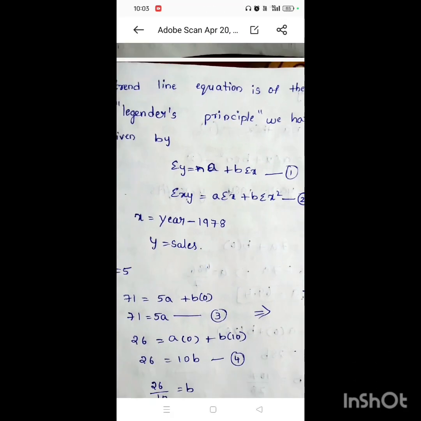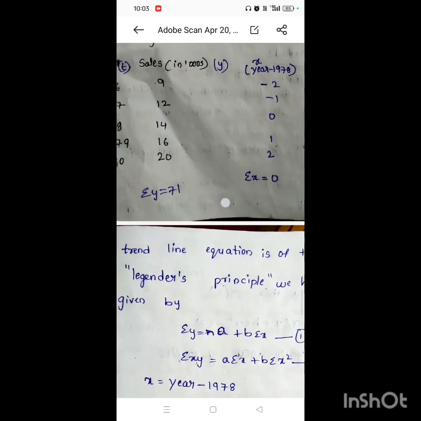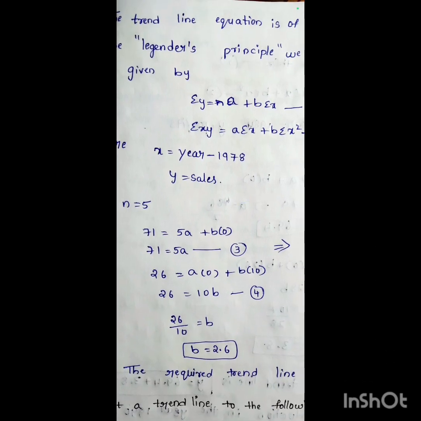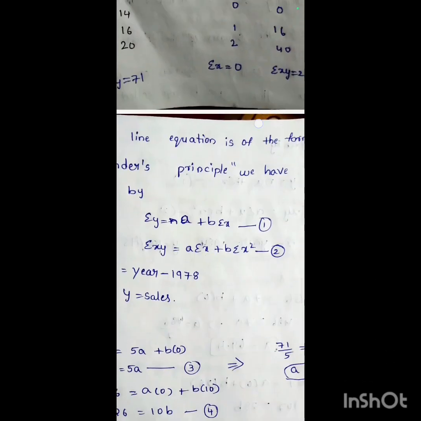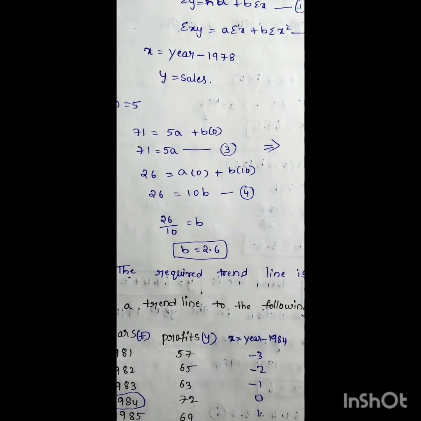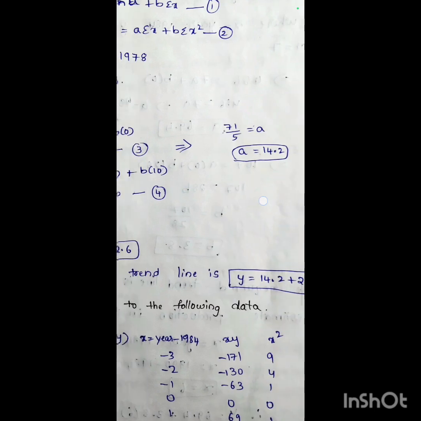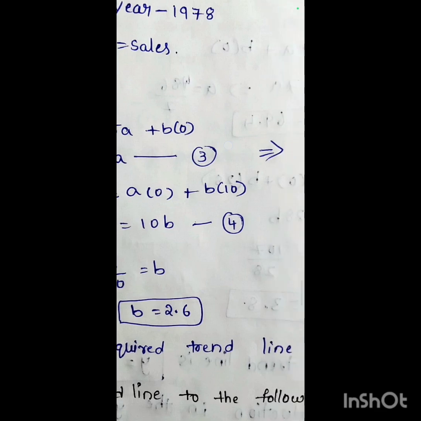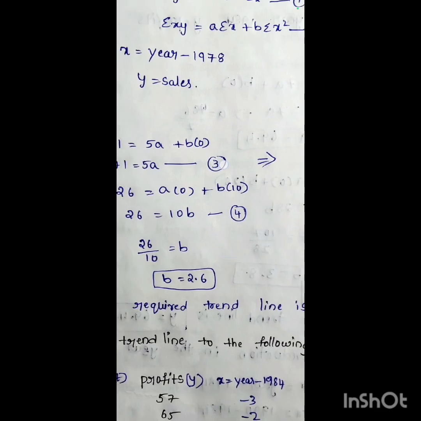Sigma y we got from the table, the total of all the sales values, that is 71, equals 5 into a plus b into sigma x, which from the table is 0. So keep on solving that. 5a equals 71. From that, 71 divided by 5 is the value of a, that is 14.2. Next, second equation, 26 equals a into 0 plus b into 10, which is also from the table.